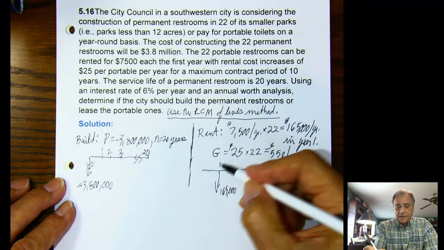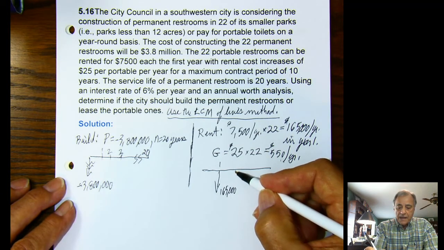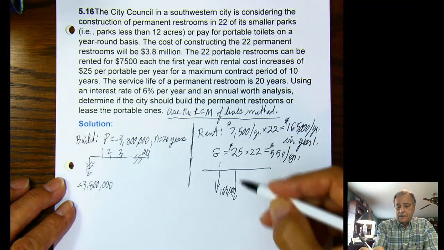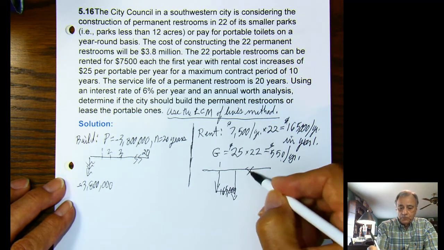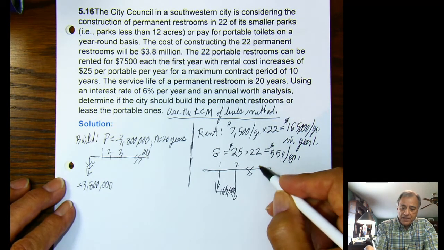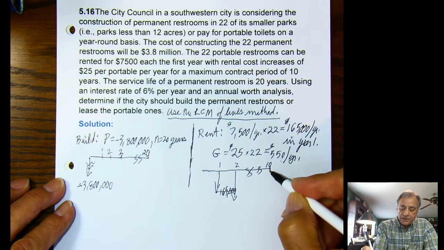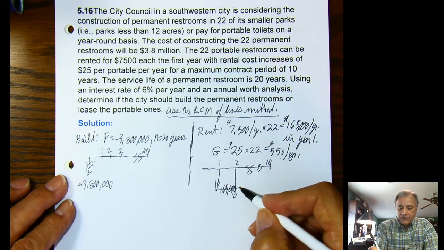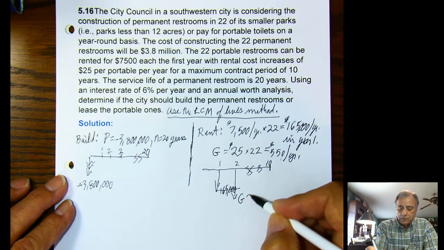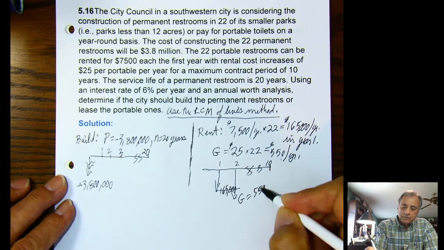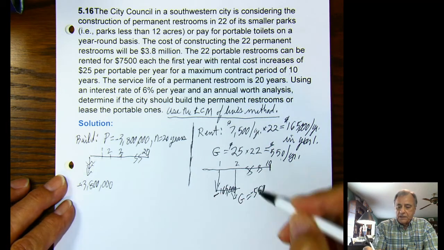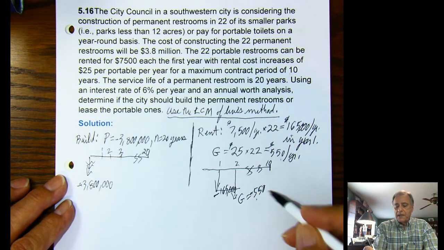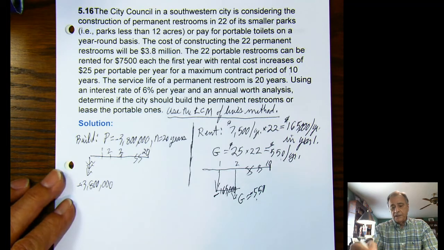That's in year one, and then each year after that, it increases by $550 a year, years 2 up through 10. Okay, this is a minus 365, and that's going to be an additional minus 550 each year going up.